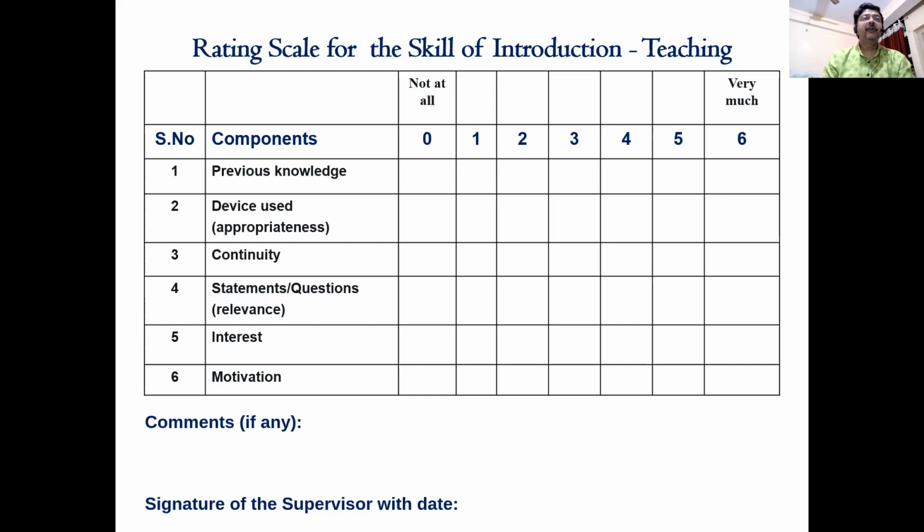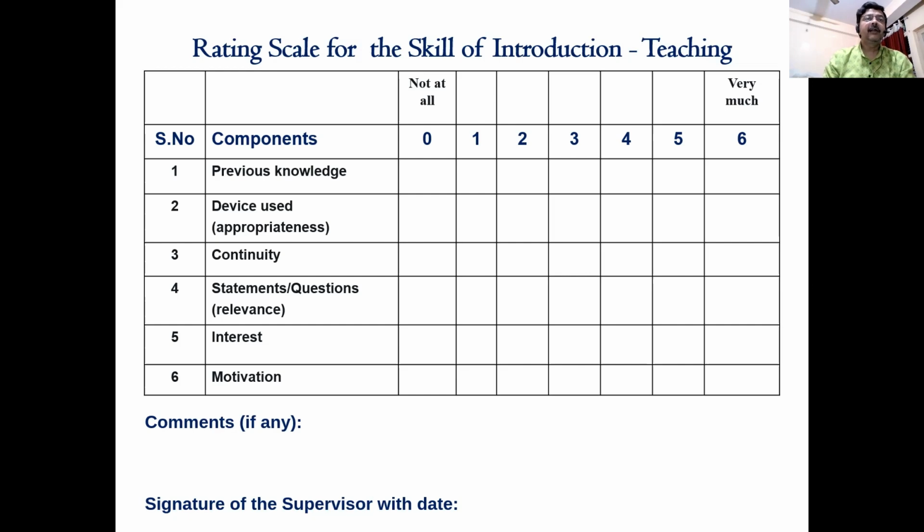The peer supervisor will determine the appropriateness of the device used. That means he will mark you from 0 to 6, and if it is not appropriate, in comments he or she will make observations. Then regarding the continuity, statement and questions relevance, interest aroused in the students, and motivation.